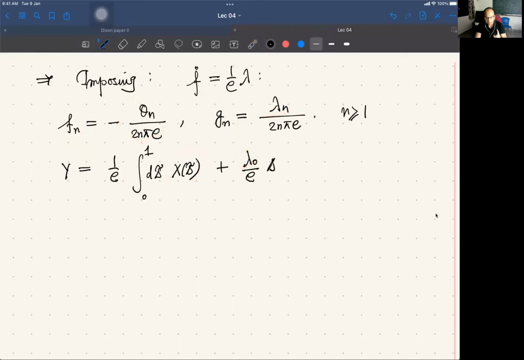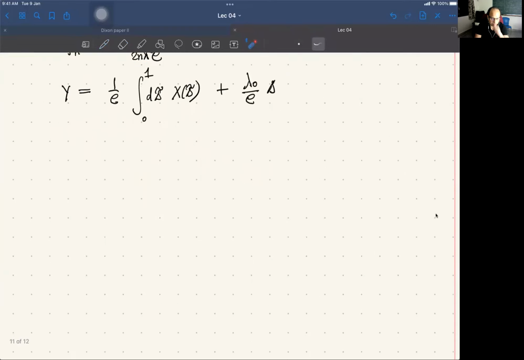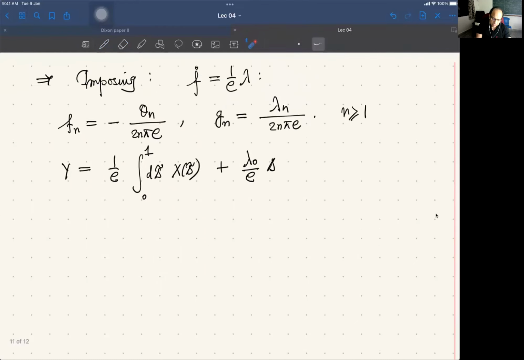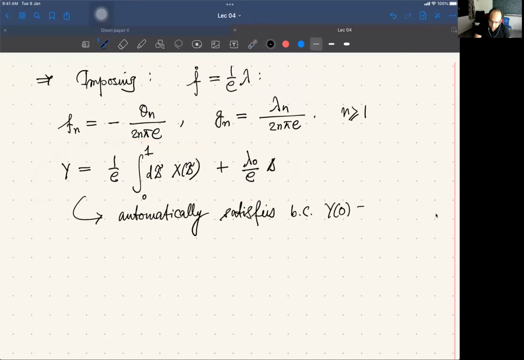And so one thing that is still left is E. E has to be given in terms of the properties of lambda. So this expression automatically satisfies the boundary condition at s equal to 0, y0 is equal to 0.